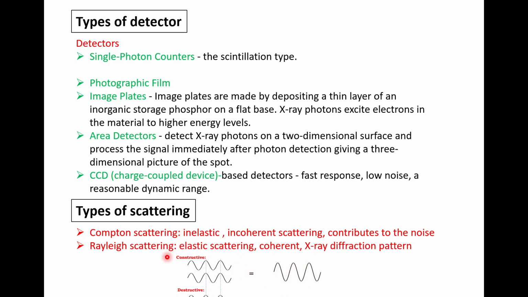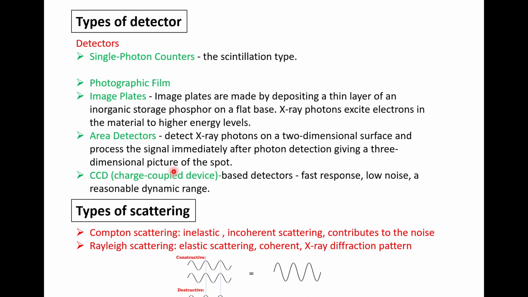So what we see in the X-ray diffraction or in the detector is this constructive interference. That's why you require your atoms to be in an order and in phase, so that you get a constructive interference out of it. If you get a destructive interference, it will not give any electron density in your detector.